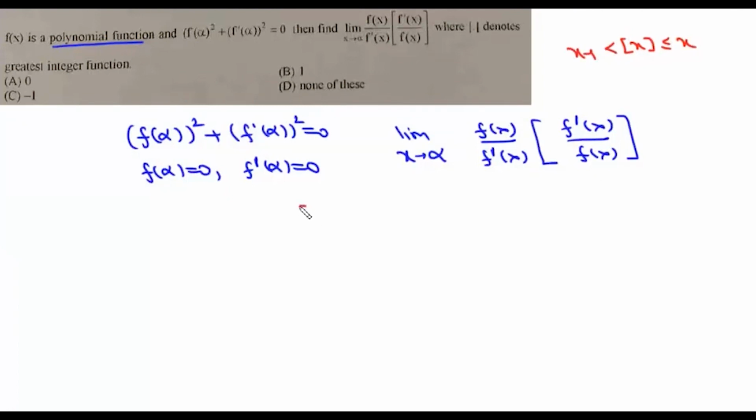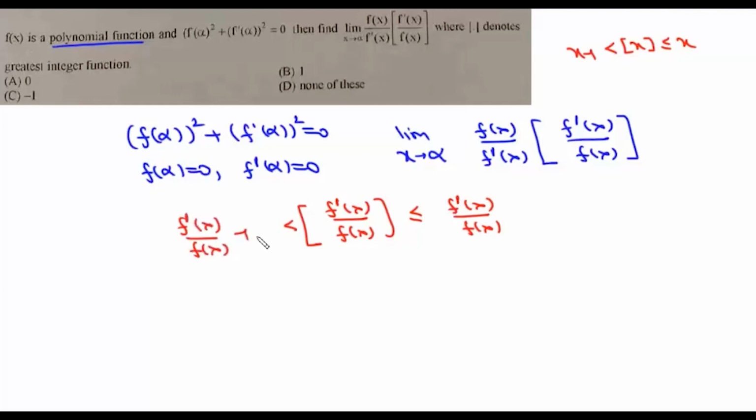So from here we can say this greatest integer function of f'(x) upon f(x) will always be less than or equal to f'(x) upon f(x), and will be strictly greater than f'(x) upon f(x) minus 1.